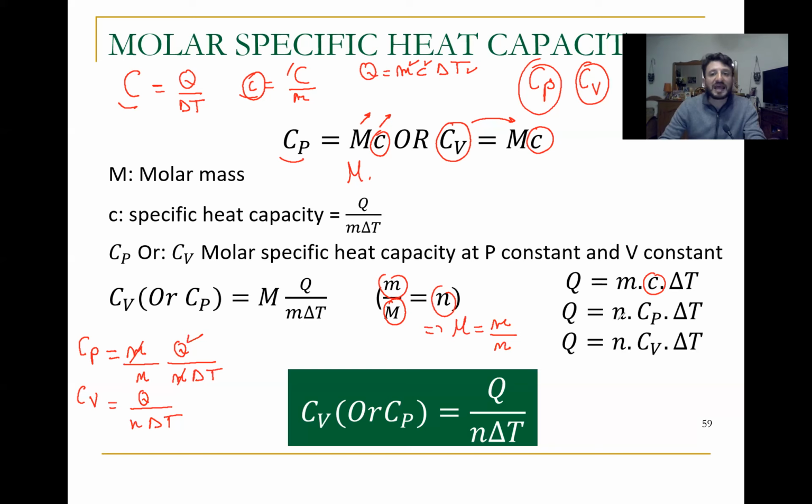Capital Q equals n Cp delta T in terms of n, and Q equals n Cv delta T. In the case of P constant, we use this one. In the case of V constant, we use this one. You have to know only these relations: Q equals m c delta T equals n Cp delta T equals n Cv delta T.